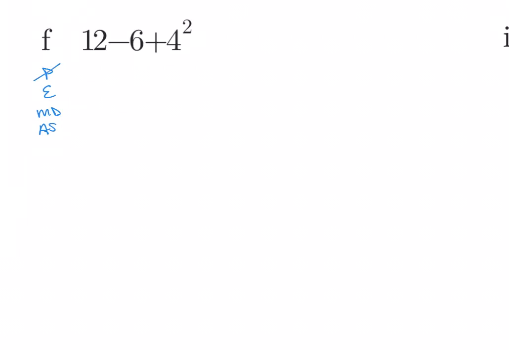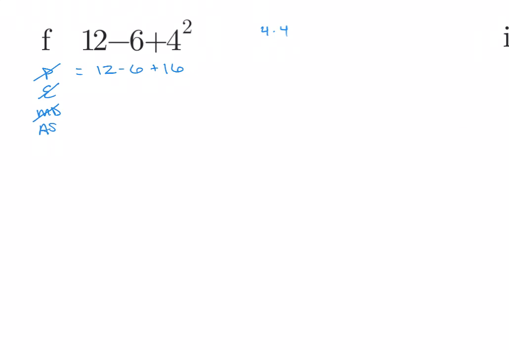We do not have parentheses. We do have exponents, so I'm going to start with that. 4 squared, this is 4 times 4, or 16. We do not have any multiplications and divisions. That leaves my additions and subtractions.